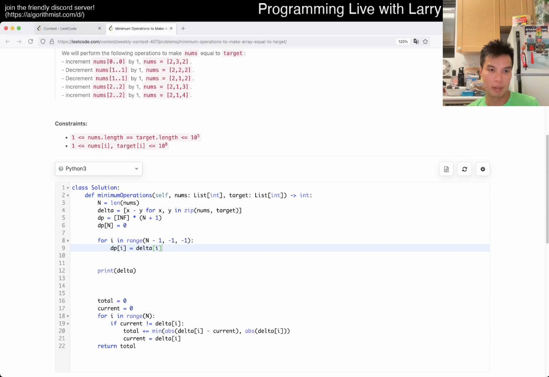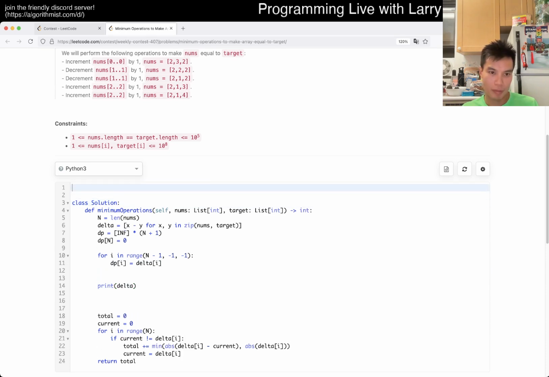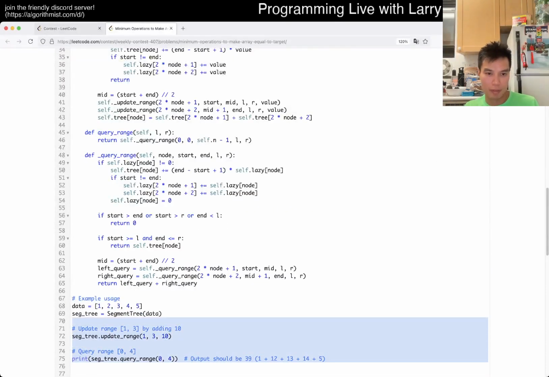We just have to kind of update everything in a funky way. Maybe give pipeline check segment tree with range updates, please. Okay, fine. Okay, update range. Okay, fine.